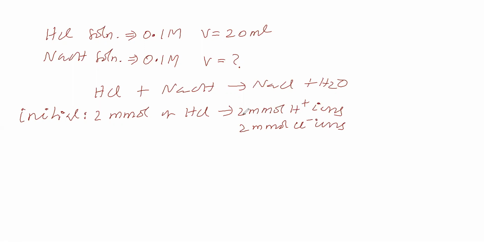This much H plus is carrying current, this much Cl minus is carrying current. So lambda m of the initial solution is nothing but the sum of these two contributions. Okay, now let us add NaOH.